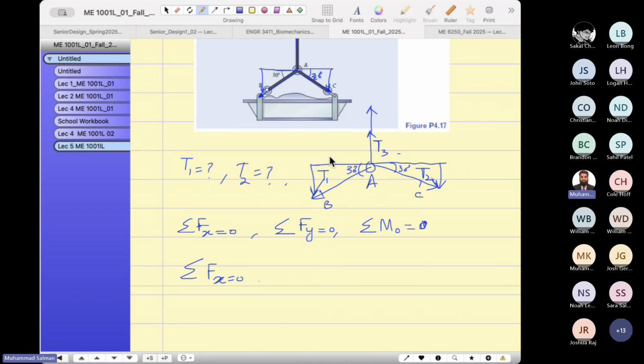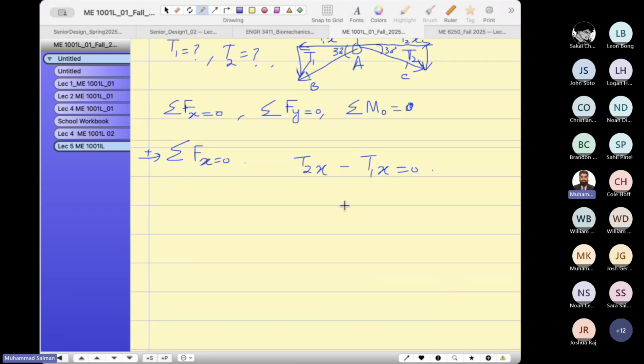Now, can you tell me what T1x equals and what T2x equals? This is on the left and right hand side. I'm going to assume positive is to the right. So I can write T2x positive minus T1x negative. This is how you write down the forces with negative and positive signs. We call it algebraically. Can I write T2x and T1x in terms of the angle?